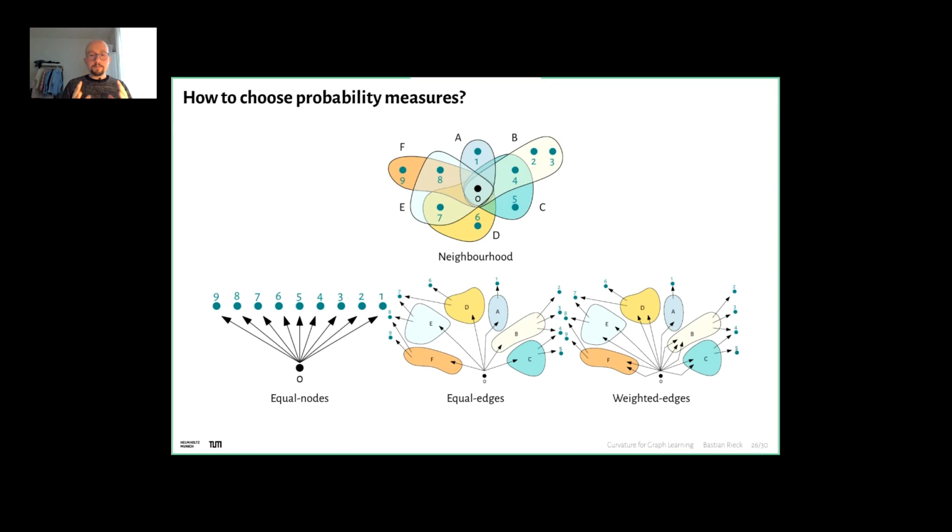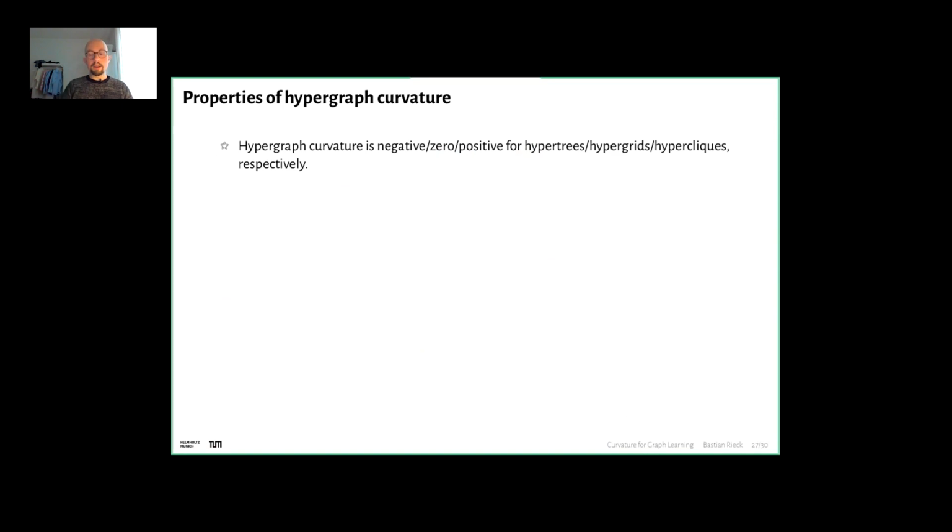And as you can see, I would say there's no canonical choice for this probability measure here. So already going the route of the more structural description of the hypergraph, we have to decide how we do these calculations in practice.